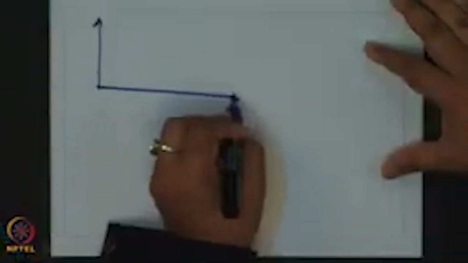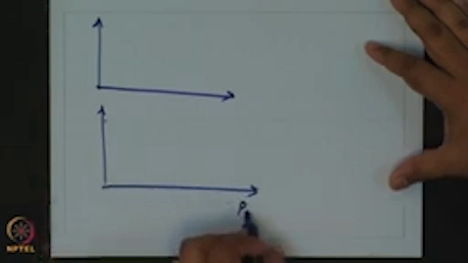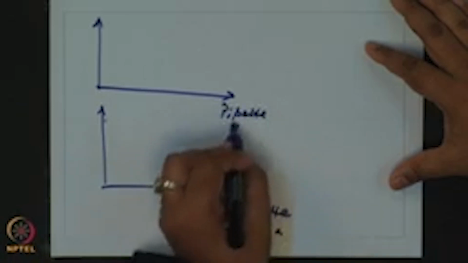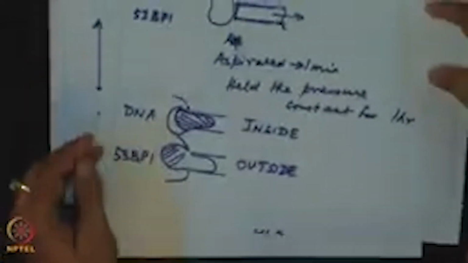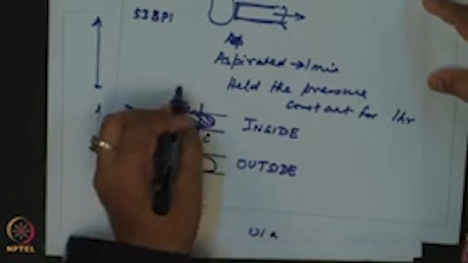They then did this routinely using pipettes of varying diameters. And what they found, so our x axis is the pipette diameter. And what they tracked here was the ratio inside to the ratio outside.